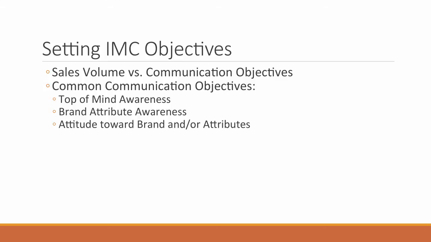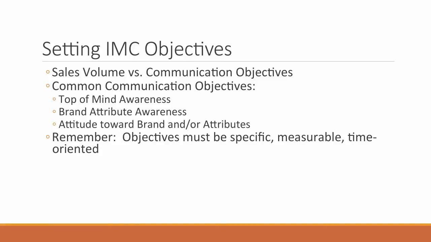You might also measure people's attitude toward your brand or a particular attribute of your brand. So when you write these common communication objectives, just like when we wrote marketing objectives, remember that our objectives must be specific, measurable, and time-oriented.